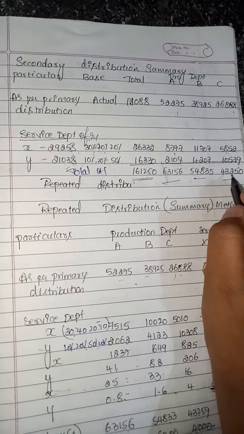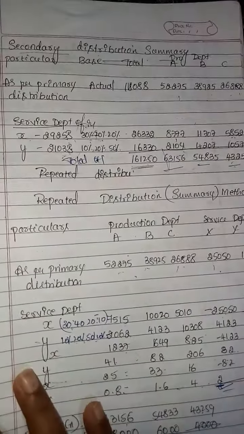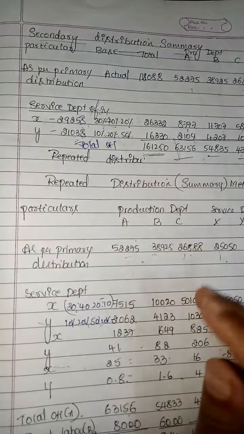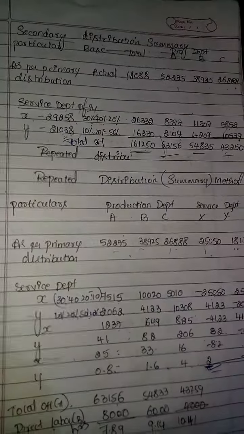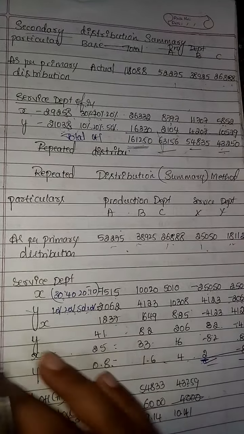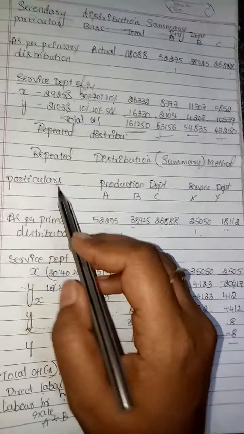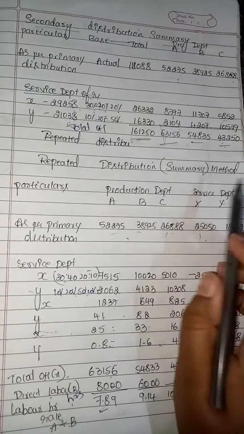This value will be obtained when you are doing the secondary distribution summary using the service rendered department to the production department. Next, we need to calculate the repeated distribution method. See, particulars, production department, service department.